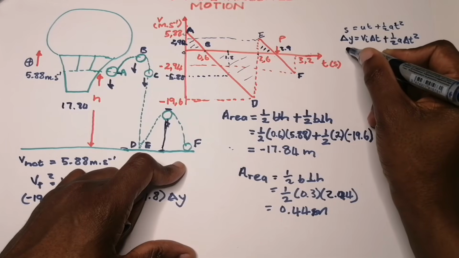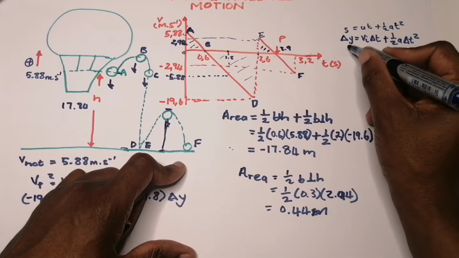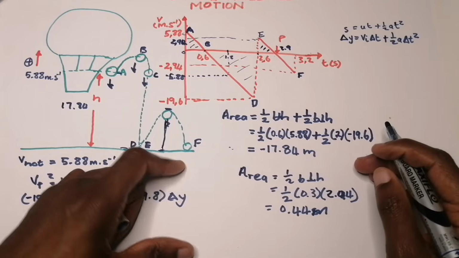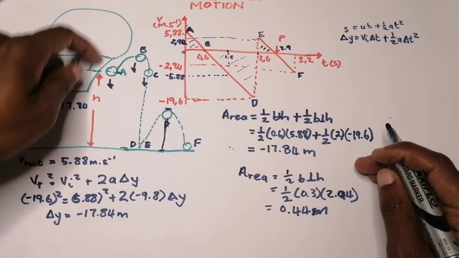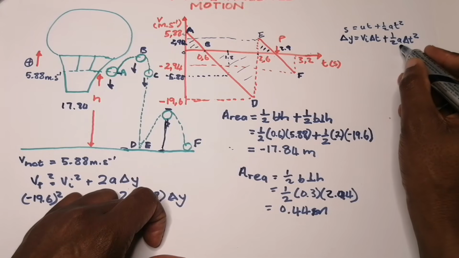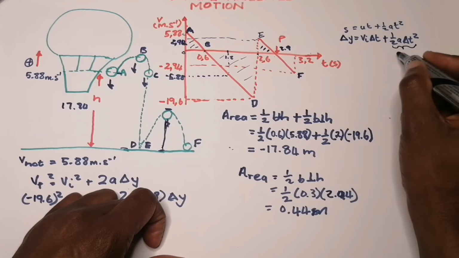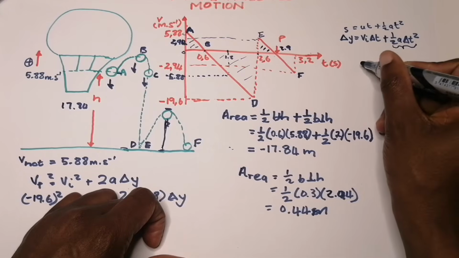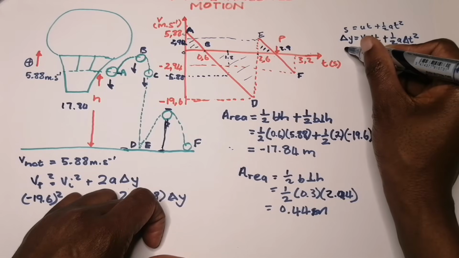So all that we're simply saying is that delta y is the distance that the balloon kept moving up. But what do we know about the acceleration of the hot air balloon? It is 0. So this entire term can just disappear because our acceleration is 0. The hot air balloon was moving at a constant speed.